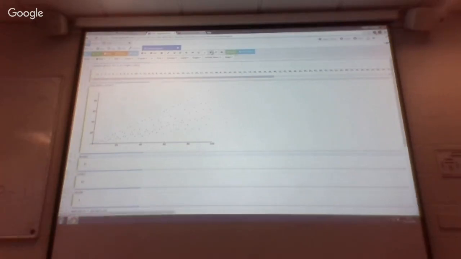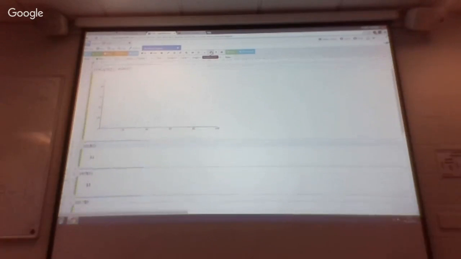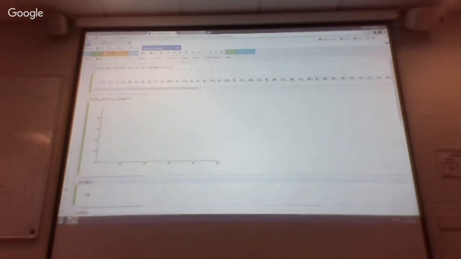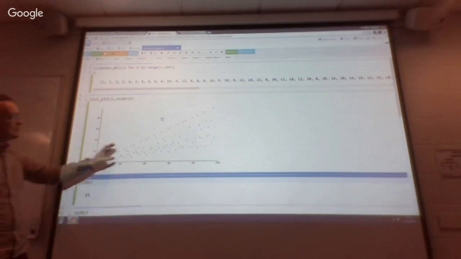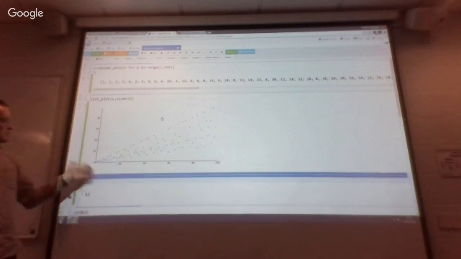So remember, I might have showed you this in the tutorials. Sage can plot the Euler phi function. Here it is. So this is for every integer between 1 and 100. So these are all the values of phi of n for n between 1 and 100.